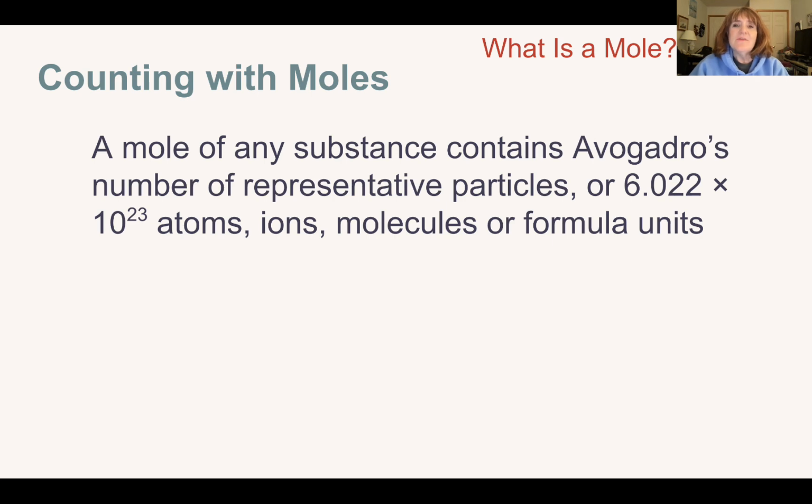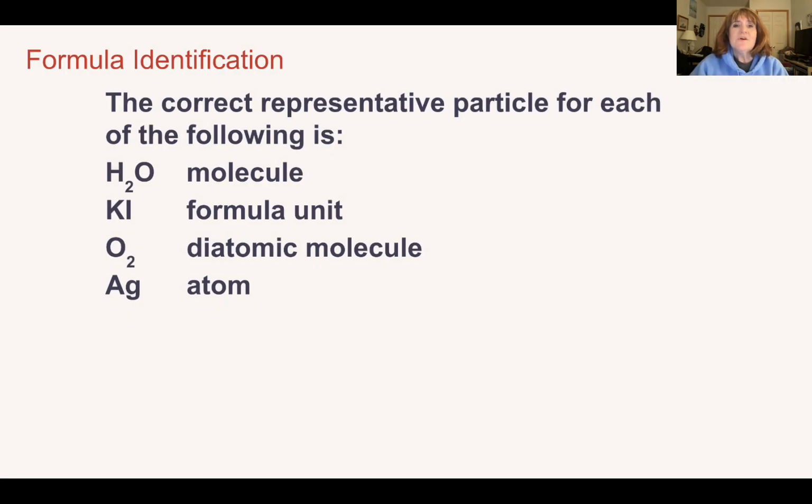So counting of those moles, every mole, whether it be an atom, ion, molecule, formula unit, whatever it is, contains 6.02 times 10 to the 23rd atoms or ions or molecules or formula units or whatever you're looking at, the representative particles.